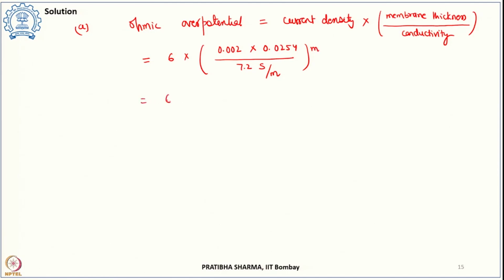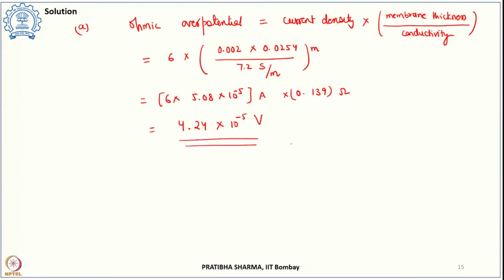So, that is 6 into 5.08 into 10 raised to power minus 5, and that is all in amps, into 0.139 ohm. That makes it a value of 4.24 into 10 raised to power minus 5 volt. This is the value of ohmic overvoltage that we can calculate.